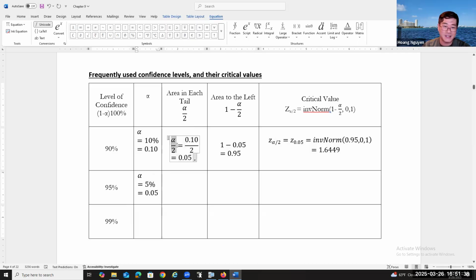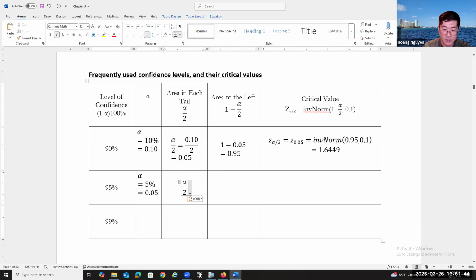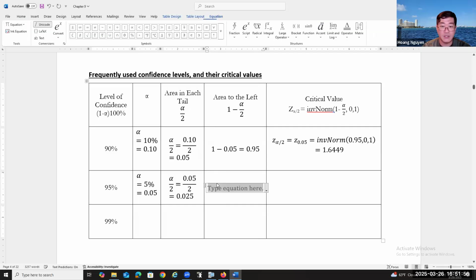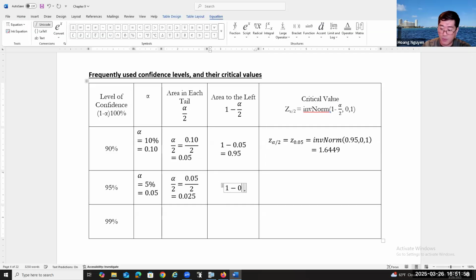After we got alpha, we move on to alpha over 2, which is 0.05 divided by 2. That gives you 0.025. Alpha over 2 is the area to the right. Now we find the area to the left: 1 minus 0.025 gives you 0.975.